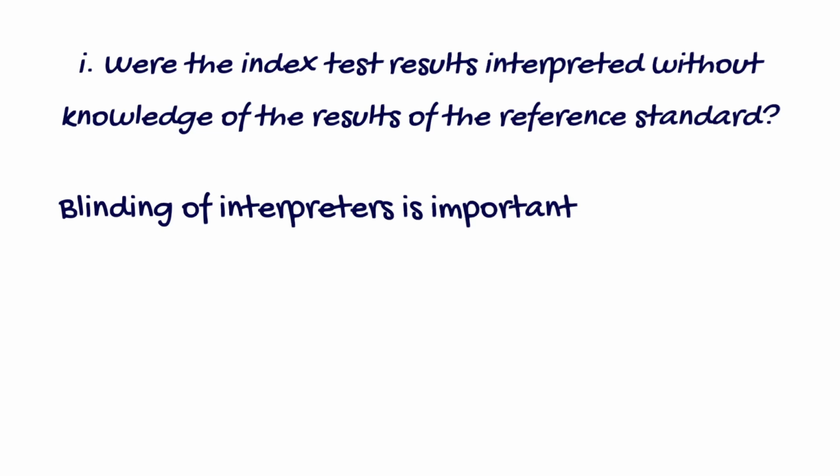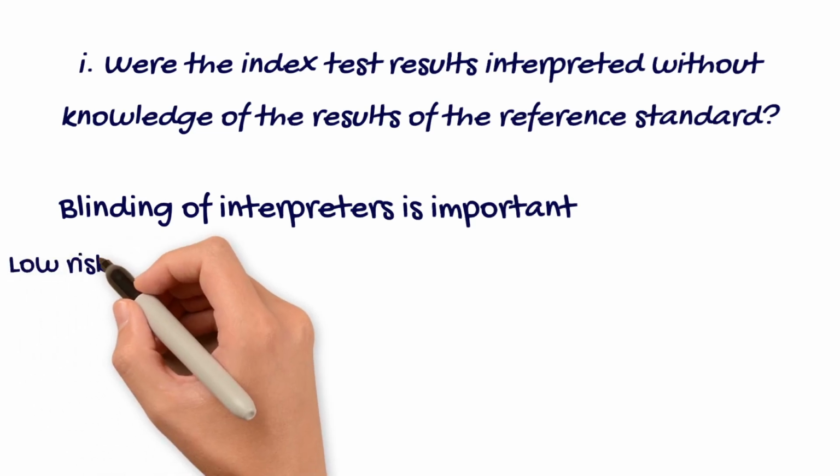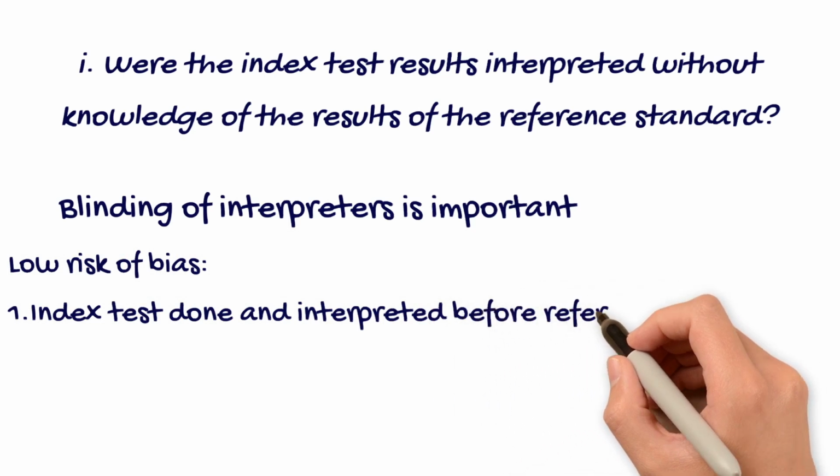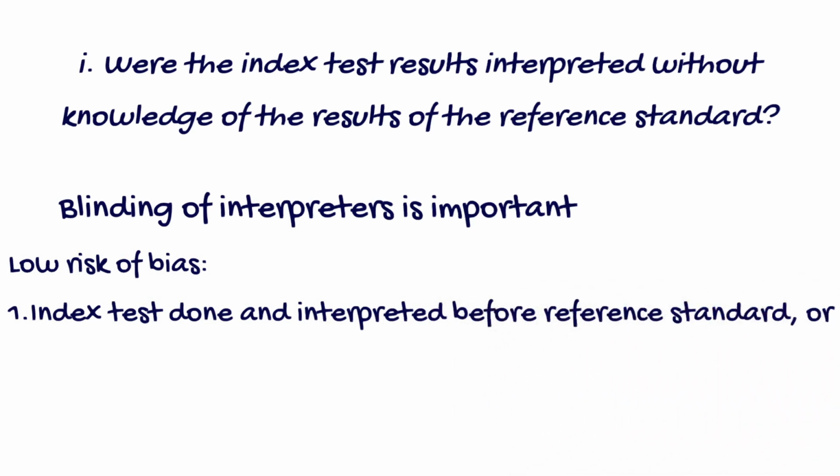The potential for bias comes from how the tests are interpreted and the order they are done in. If the test is always done and interpreted before the reference standard, that is a good thing, and this question can be answered yes. It means the test's interpretation is independent of the reference standard results.